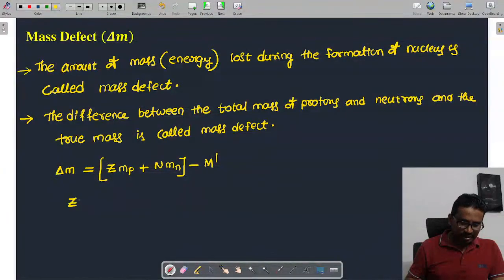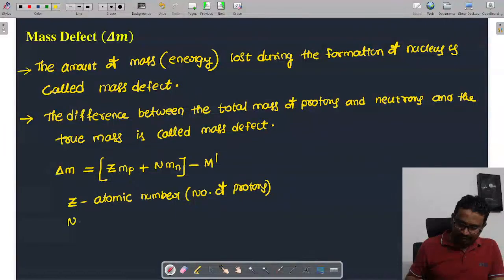And what is Z? Z is atomic number. Atomic number is nothing but number of protons. N is number of neutrons. Mp is mass of proton.